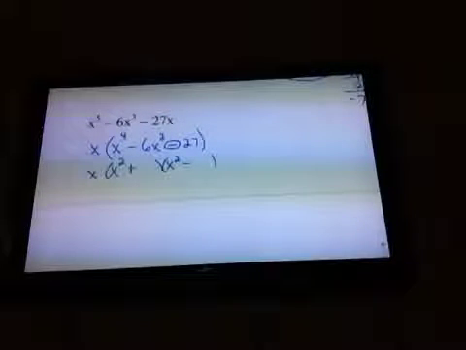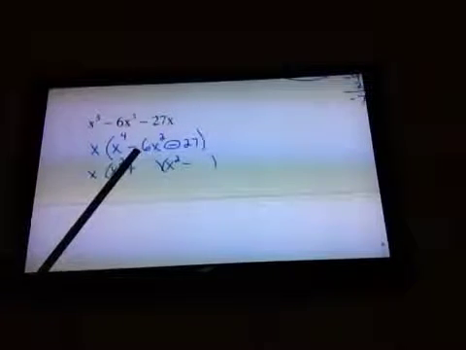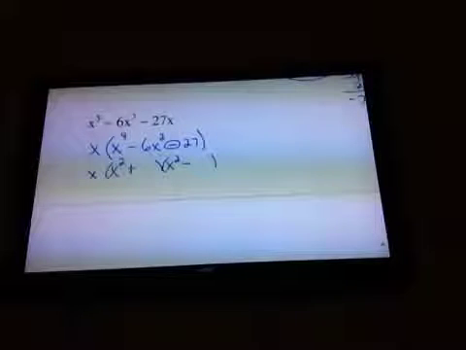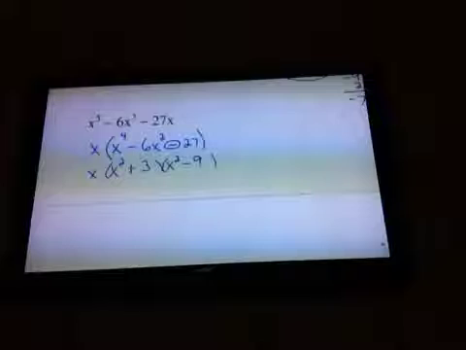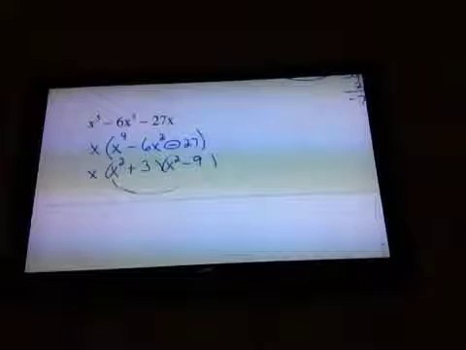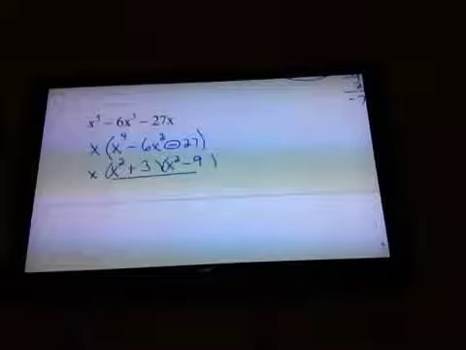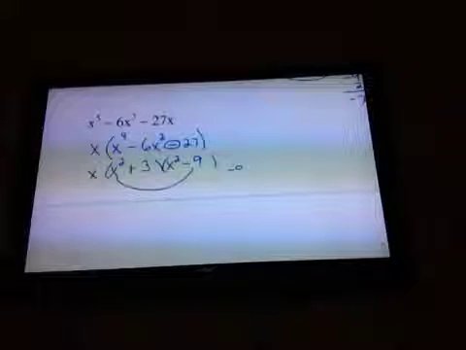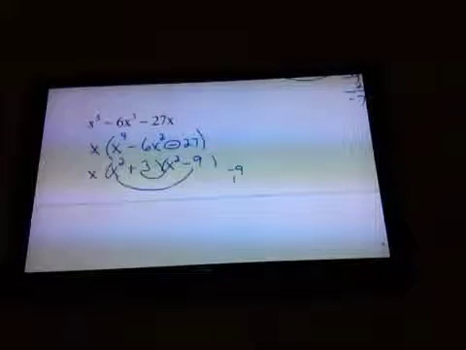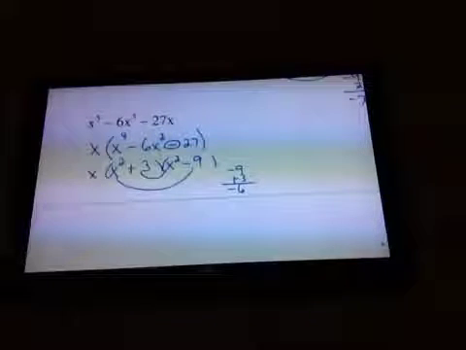So I'm going to go with 9 and 3. Knowing I need a negative 6, I'm going to go negative 9, positive 3. And when I check that, outer times outer is negative 9. Inner times inner, positive 3. There's my negative 6.